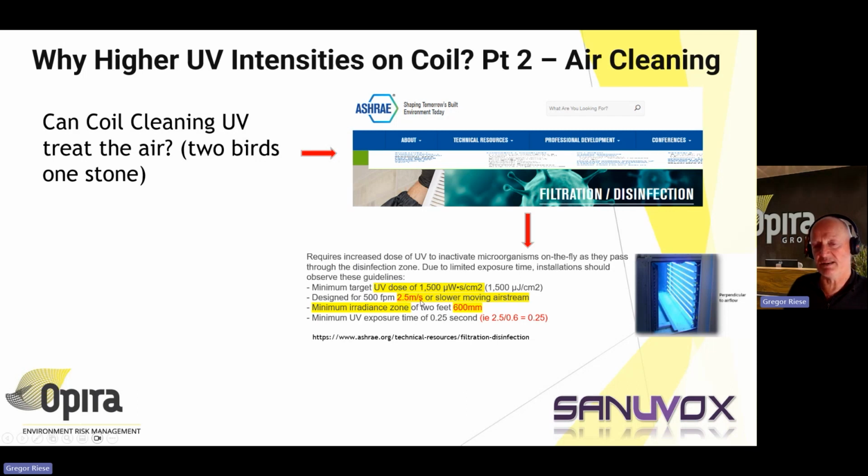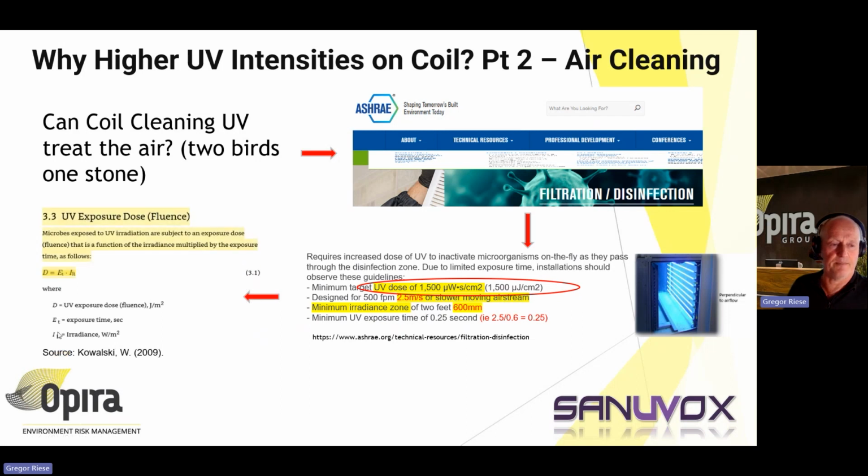And there are some conditions for that. You can't have the air moving faster than 2.5 metres a second, otherwise you just won't get the exposure time, and you need a minimum irradiance zone of 600 millimetres. To relate the irradiance intensity to the dose, that's really just a function of time.